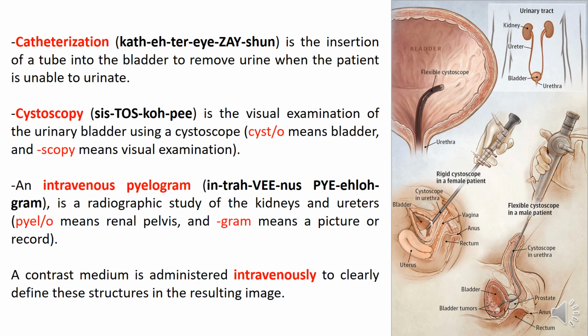The contrast medium is administered intravenously to clearly define these structures in the resulting image. And maybe it's helpful to examine the picture on the left to get better information.